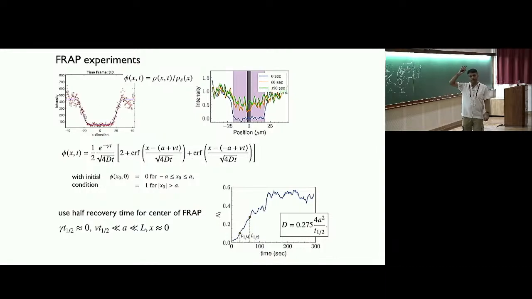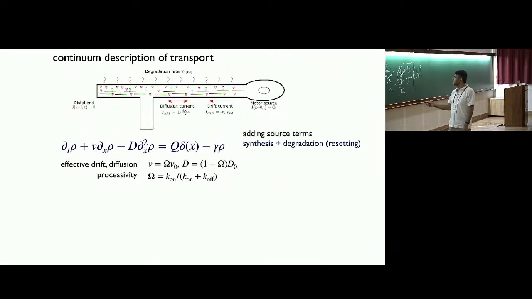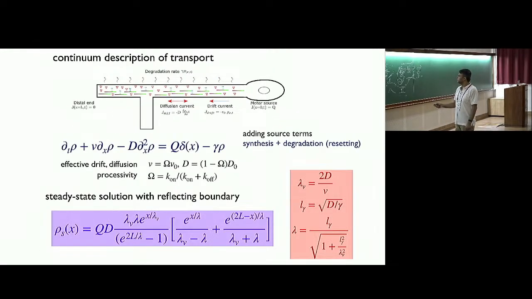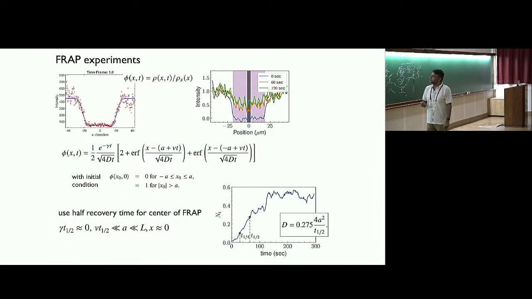So one can look at the steady state distribution over the whole cell and try to extract some quantities from there. In this expression there are these quantities, drift and diffusion, which are the transport quantities, and you would like to extract them. But if you want to extract all the quantities from one graph, this will be extremely bad.